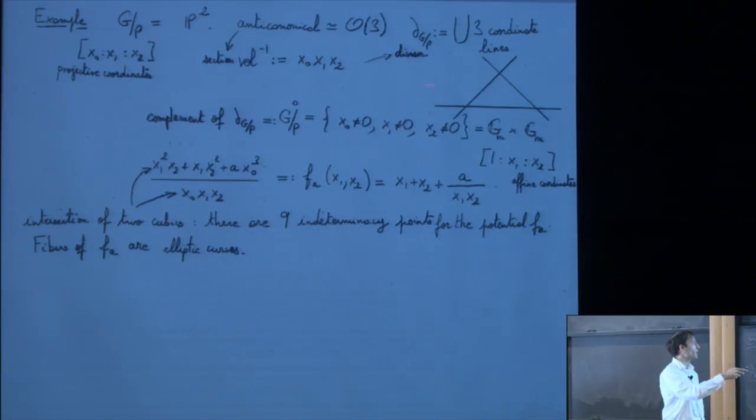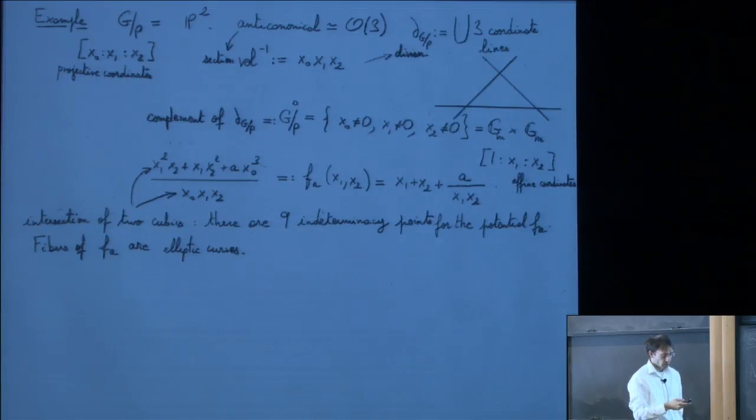And so you have this well-known Landau-Ginzburg model. There are 9 indeterminacy points at infinity. The fibers are elliptic curves. And so that's the P2 mirror, which is probably well known to most people.